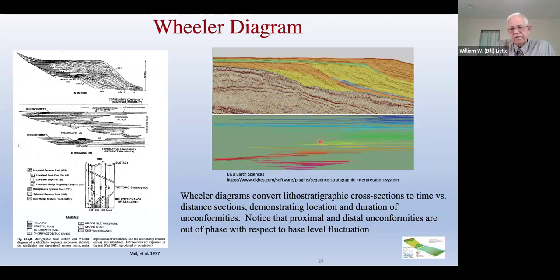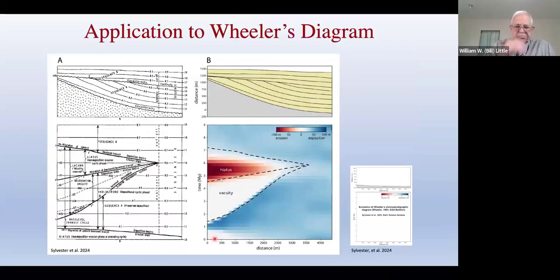Here's another example of this from a seismic section on the right. You can see the large gaps on the left proximally and on the right distally. Again, Sylvester took the Wheeler diagram and ran it through his computer simulation.